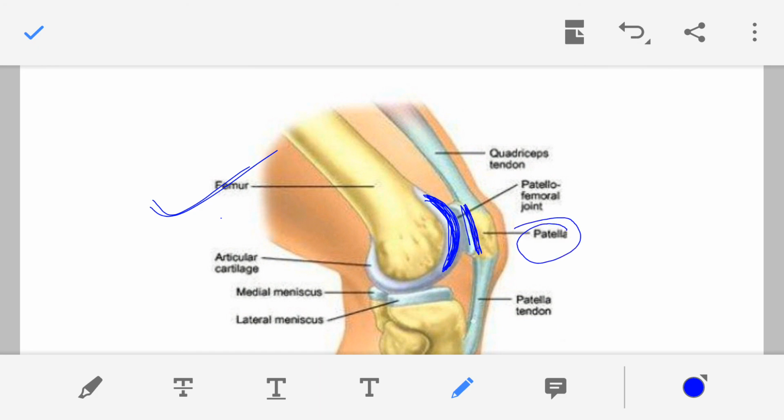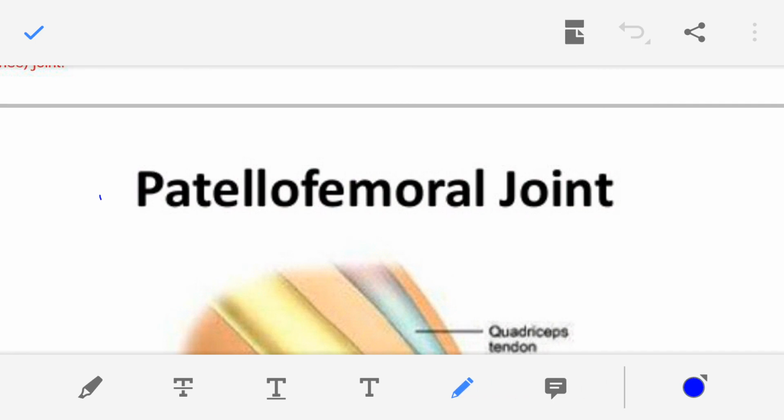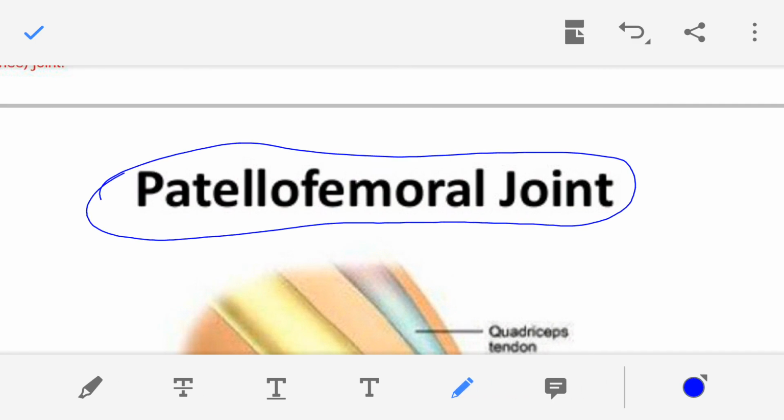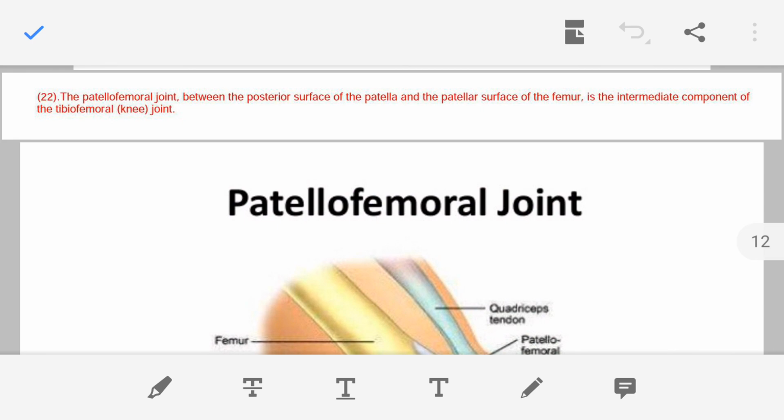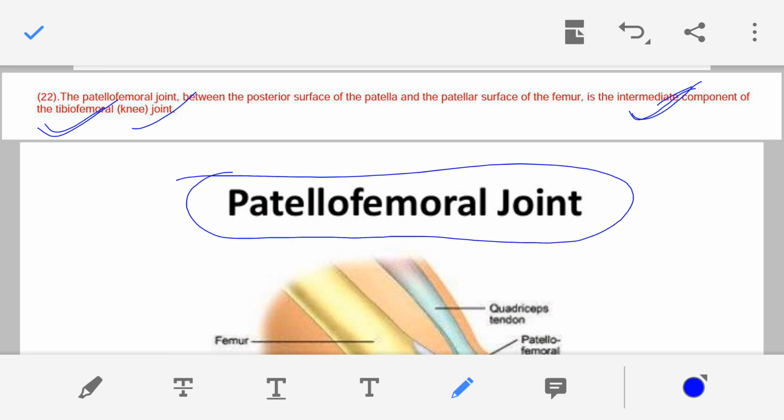So in between these two surfaces, this joint is present, and this joint is known as the talofemoral joint. Okay, and this talofemoral joint is the intermediate component of the knee joint or the tibiofemoral joint. So this joint is the part of the knee joint.